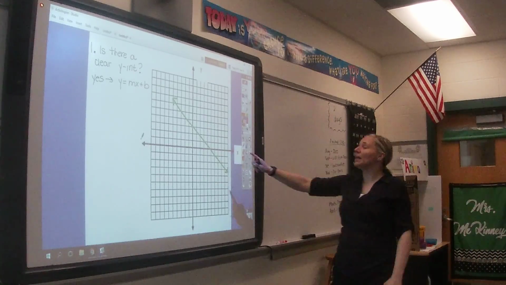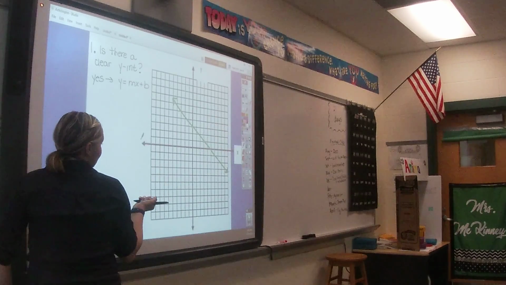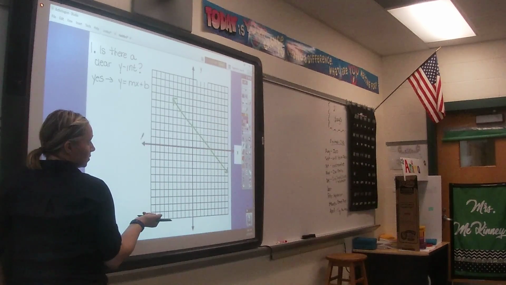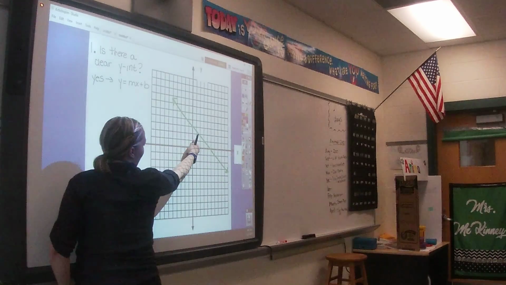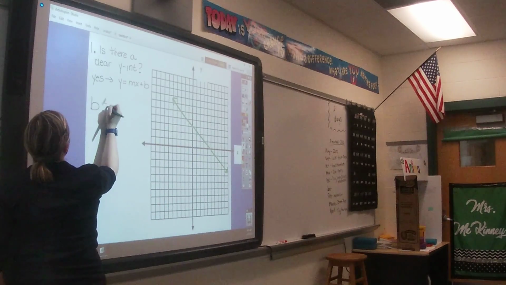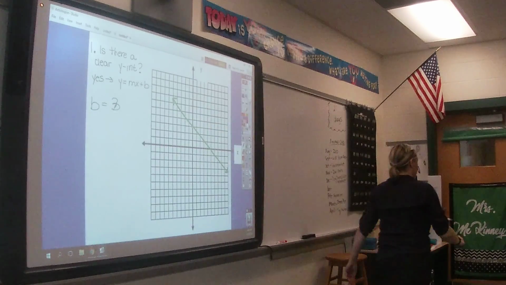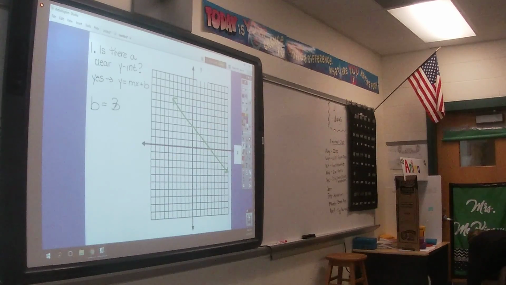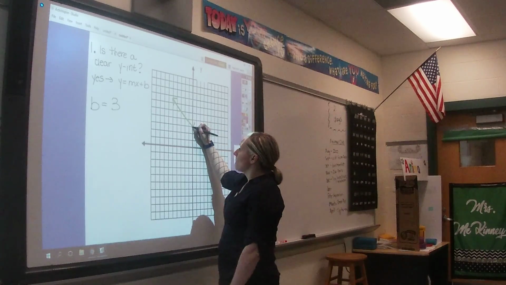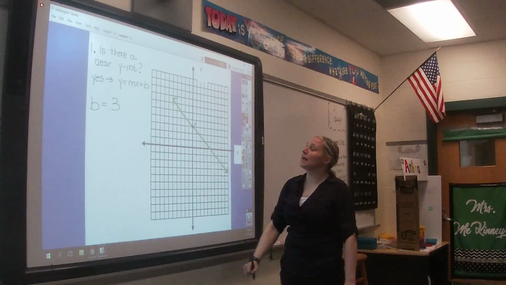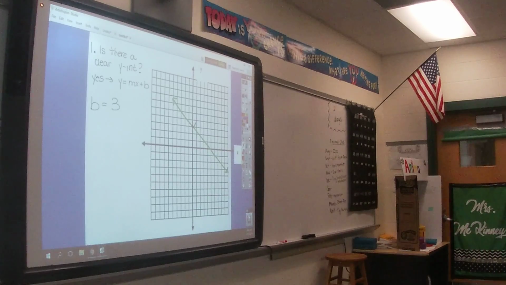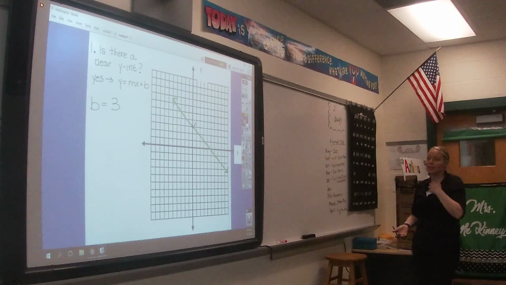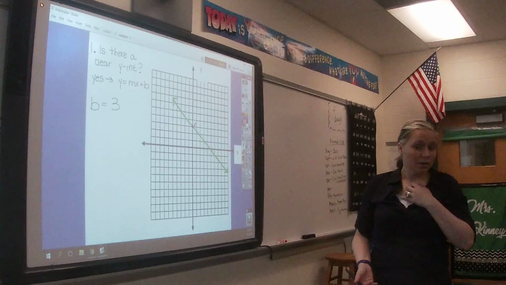Okay, so what does b equal on this problem? What's our y-intercept equal? 3. So we know that our b equals 3. The next job is then going to be to find the slope. We will find the slope the exact same way that we have been finding slope.